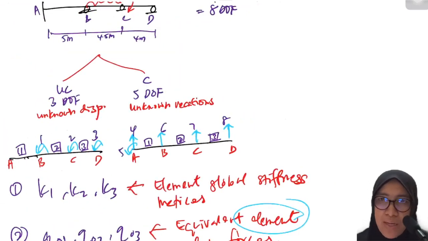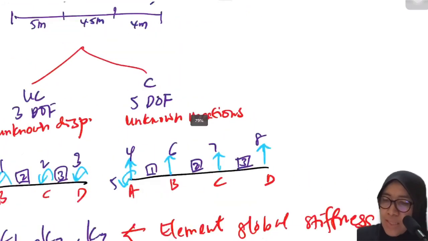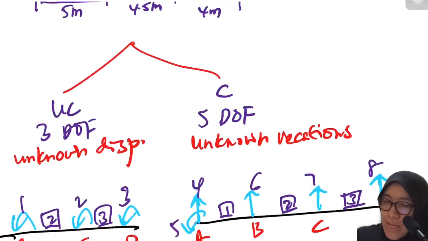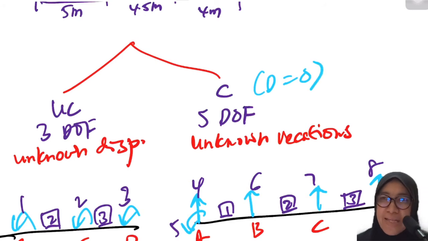In constraint system, displacement is equal to 0, except the support settlement. Without support settlement, all D in constraint system is equal to 0. D in unconstrained is the unknown.